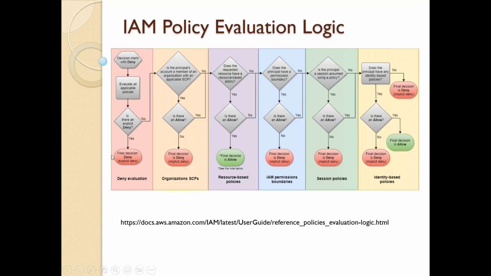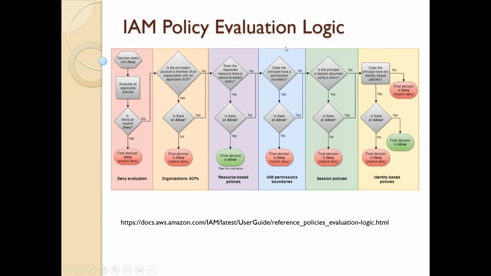If deny is not there, it will go to the next step and evaluate the organization SCP, which is service control policies. That's called service control policies. It's a top level policy for AWS. It will go and check there. There also, there is no deny. Then go to the next one and check on the individual resource. Like I logged in as my IAM user, check on whether that guy is allowed or not.